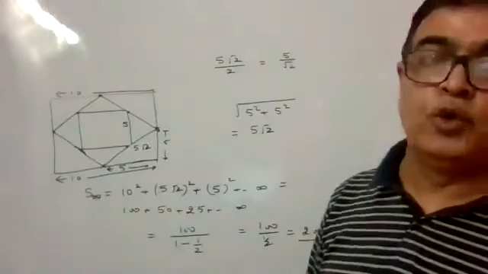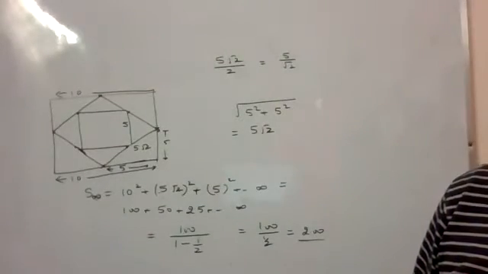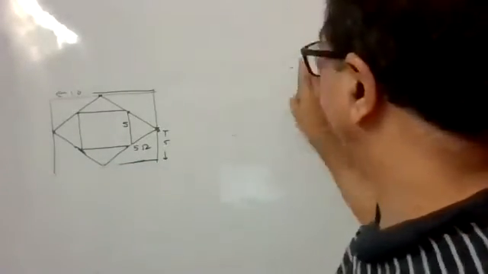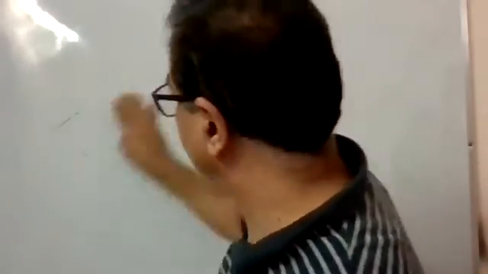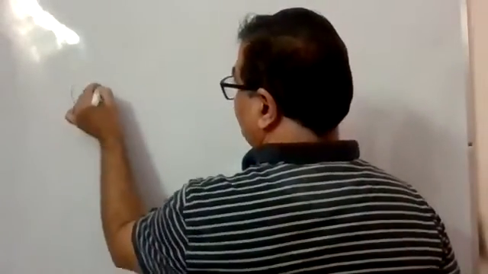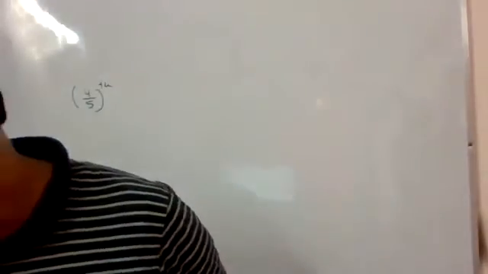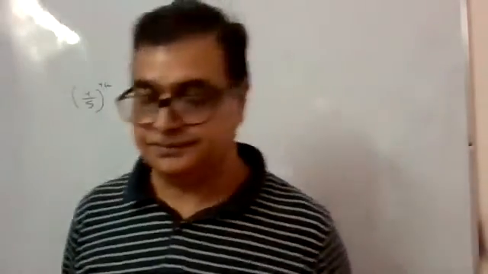After striking a floor, a certain ball rebounds 4/5 of the height from which it has fallen.